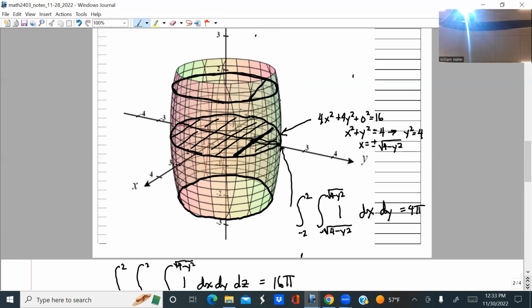So I'm going to try to find my proper limits of integration. Now, remember how we found these limits of integration in the XY plane for X? Let's go all the way back up. You plugged in 0 for Z, and then what?